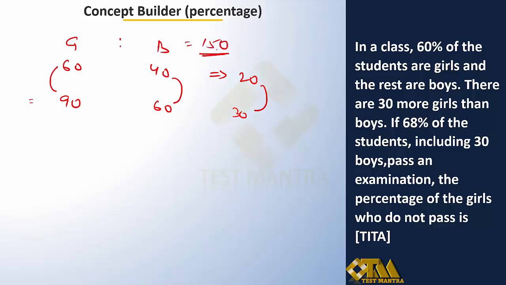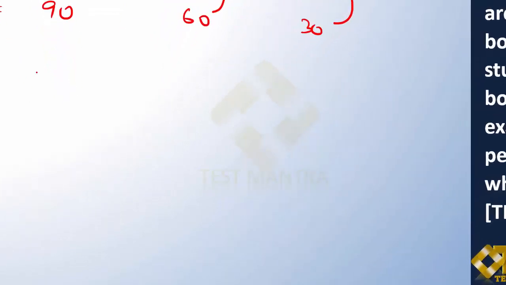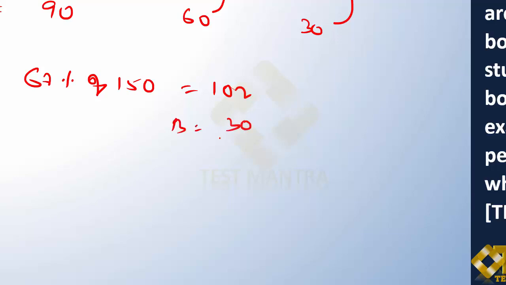If 68% of the students, let's find out 68% of 150. So 68% of 150 will be how much? 102, right? So 102. If 68% of the students, including 30 boys, pass the examination, out of this the boys are nothing but 30, that means the remaining 72 were girls.